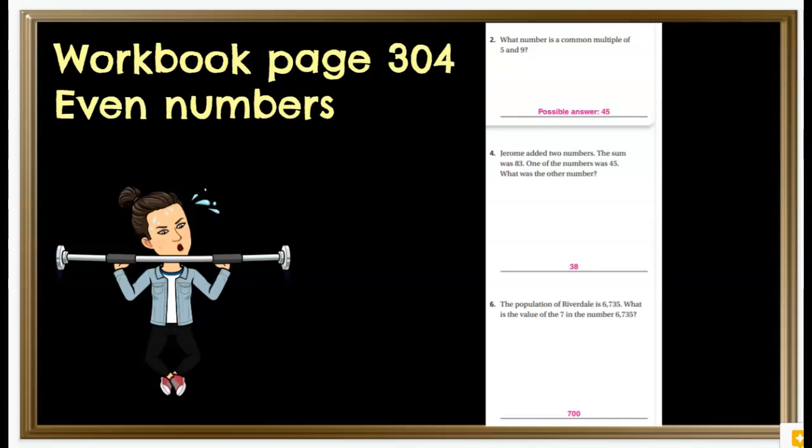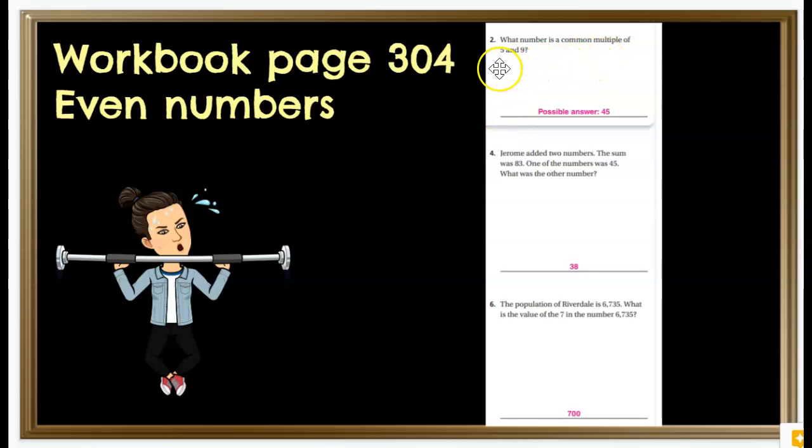Boys and girls, number 2 on page 3 or 4. What number is a common multiple of 5 and 9? Remember, boys and girls, we will need to start at 5 and we will need to start at 9. We're going to find the multiples for both numbers first. Remember, it's multiples.